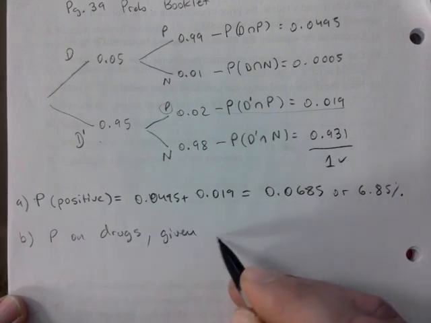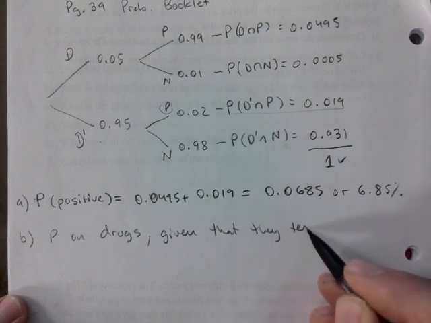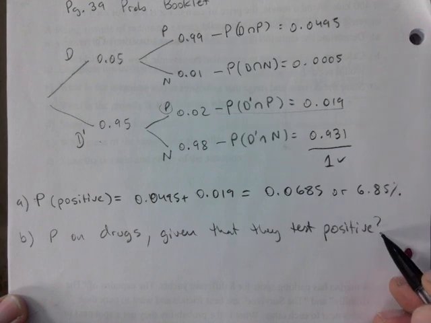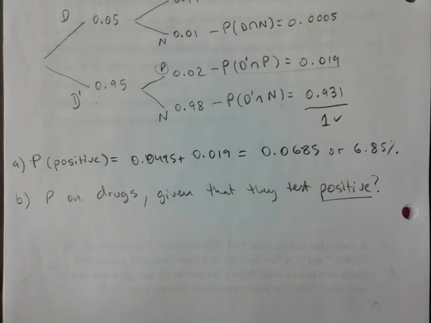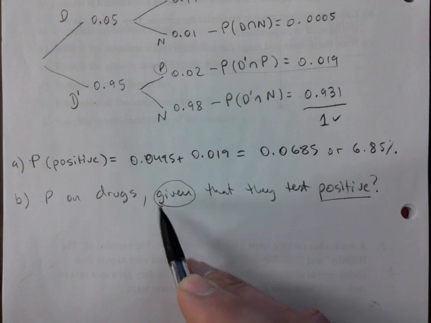Given that they test positive. Like, what if the question asks you, hey, what's the probability that someone is actually a drug user if that person tests positive? So when you read this question, the given should give it away, right?